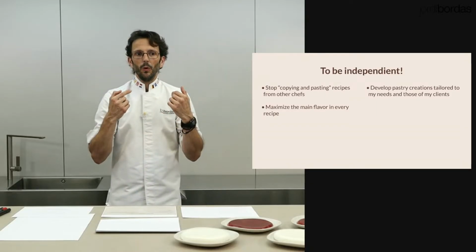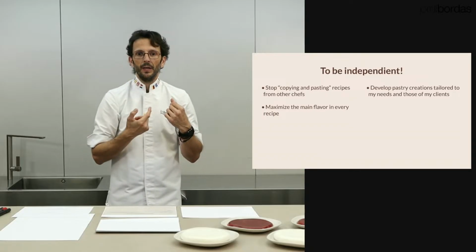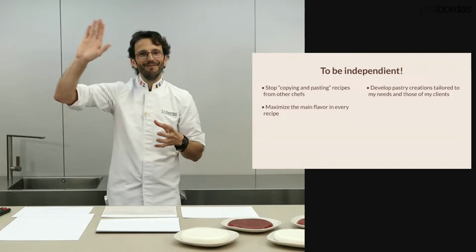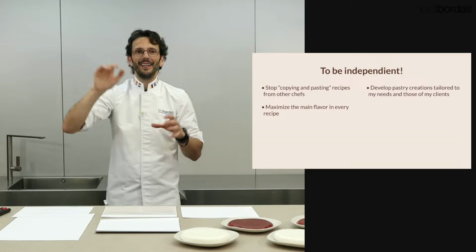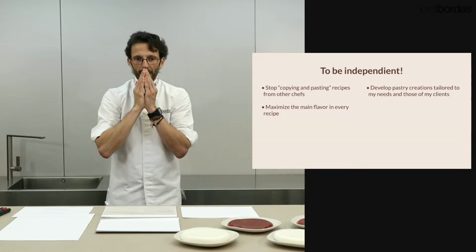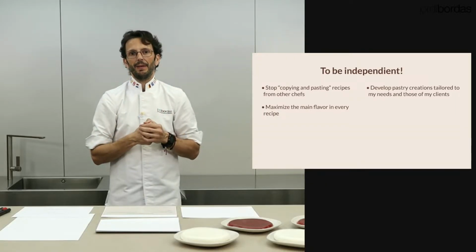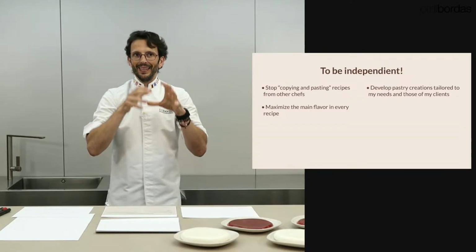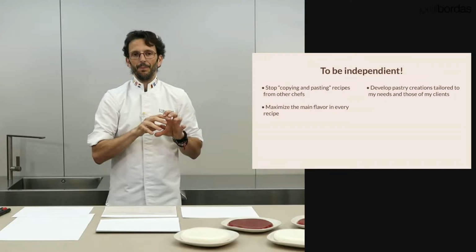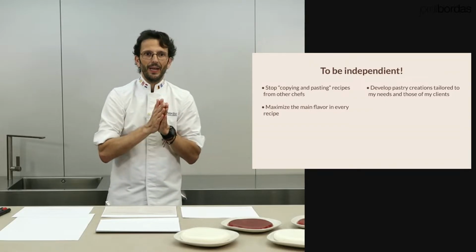But if I add, for example, cream, whipped cream, milk, egg yolks to this recipe, mango, bye-bye, see you later. There will be no mango here. So when I create a recipe, I want to maximize the flavor of the main ingredient that I'm using. So when I work with mango, I don't use dairy products and egg yolks.